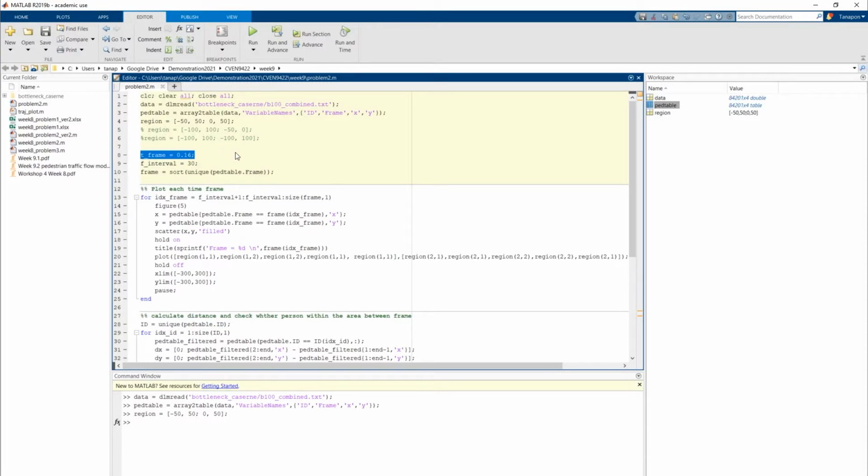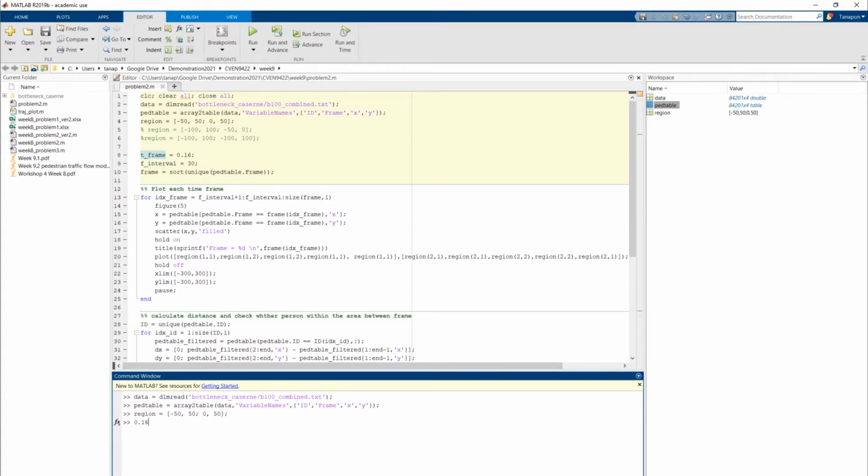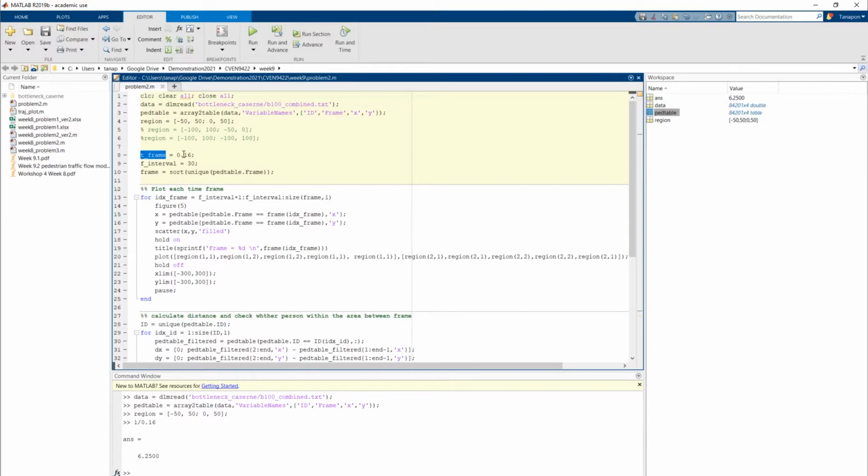For each frame, the time is 0.16 seconds, and each interval is 30 FPS. Wait, hold on. I think the camera has captured 30 FPS. Time for each frame is 0.16.